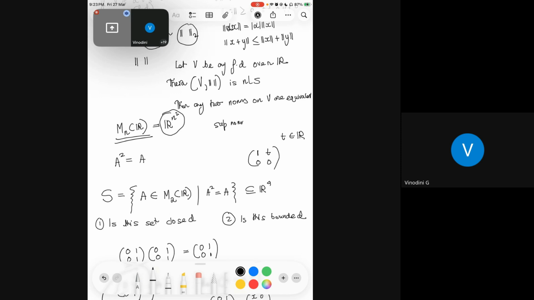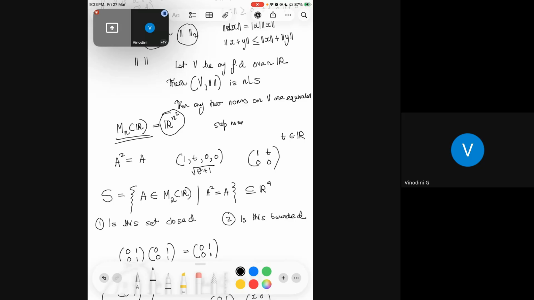Can you tell me the Euclidean norm of this? This corresponds to the vector 1, t, 0, 0 in some sense. If t is arbitrarily large, then the norm of this is the root of t squared plus 1, right?